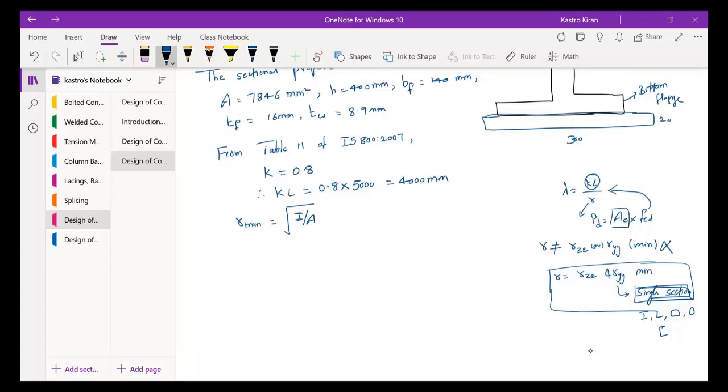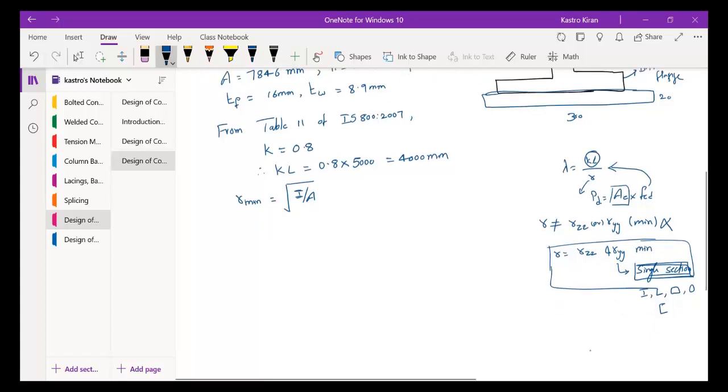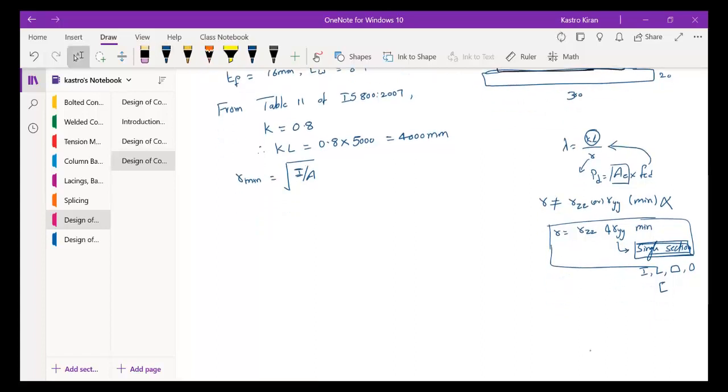Remember, I is the moment of inertia and A is the total area. Now what is I here? Moment of inertia of what? It's a built up section.